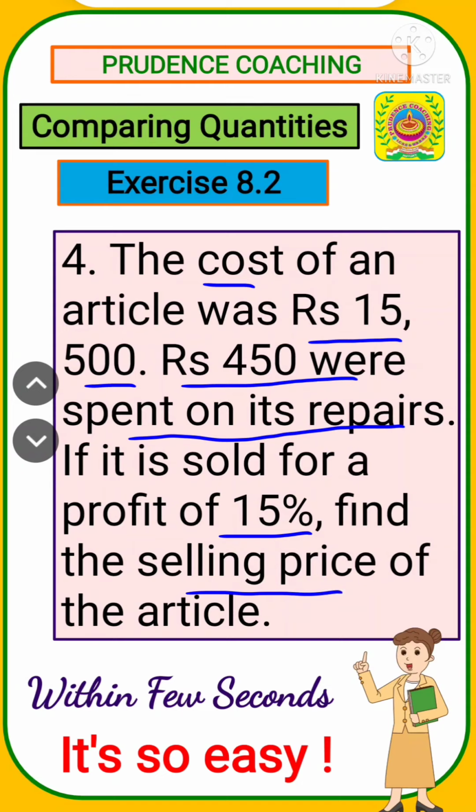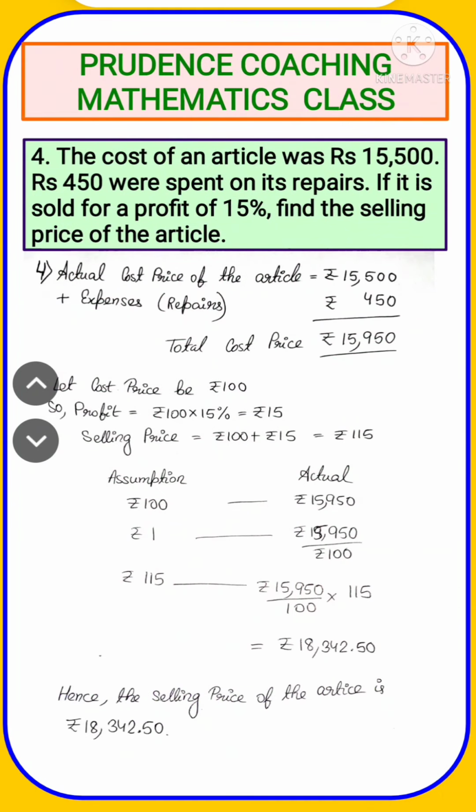In this video, we are going to learn the simplest and the easiest method of solving this particular question. As the actual cost price while buying the article was 15,500, so we have written actual cost price of the article is rupees 15,500.